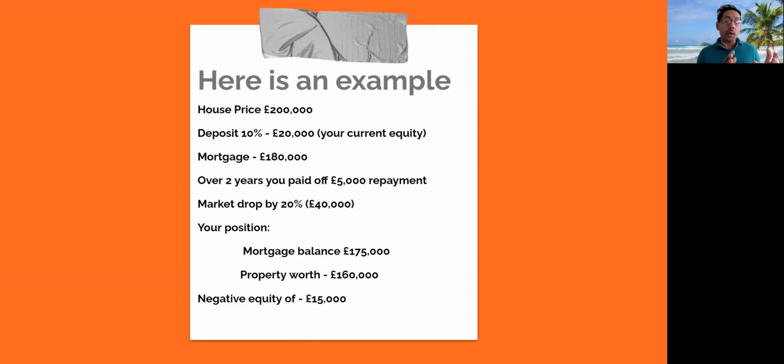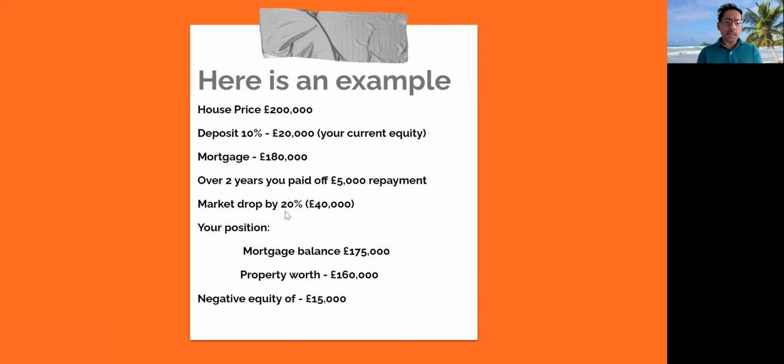Something like this or something worse could happen, right? So it's always important to have a contingency plan and to be ready for the worst case scenario, rather than putting yourself in danger, unless you can afford to lose what you've invested.